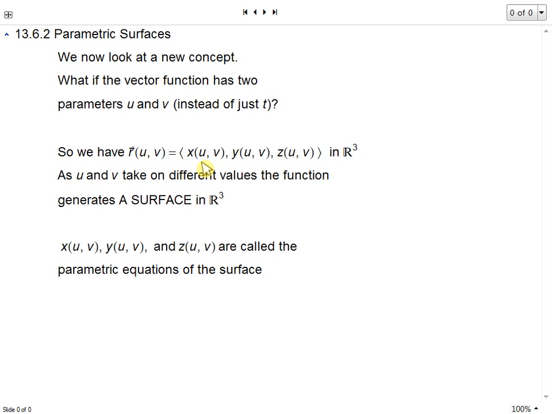Then my x component of the vector is determined by both of those. The y component is determined by both. The z is determined by both. And this will be something in R3. If u and v take on different values, then this generates a surface instead of a curve. All of these are called the parametric equations for the surface, the x, the y, the z.